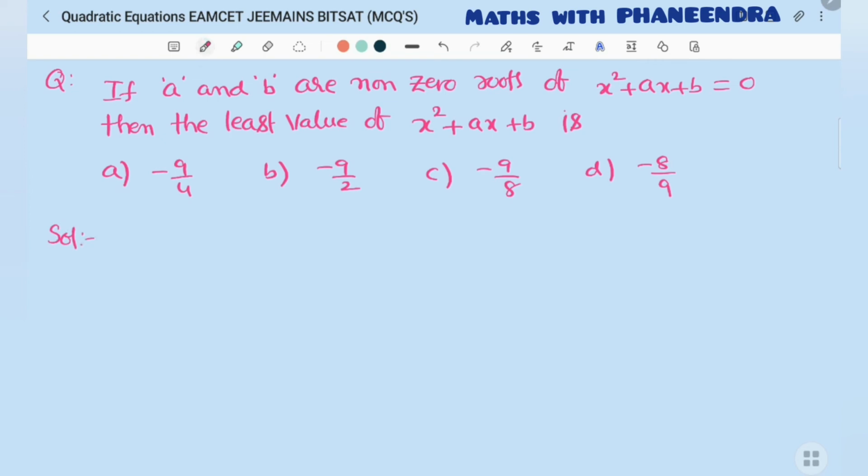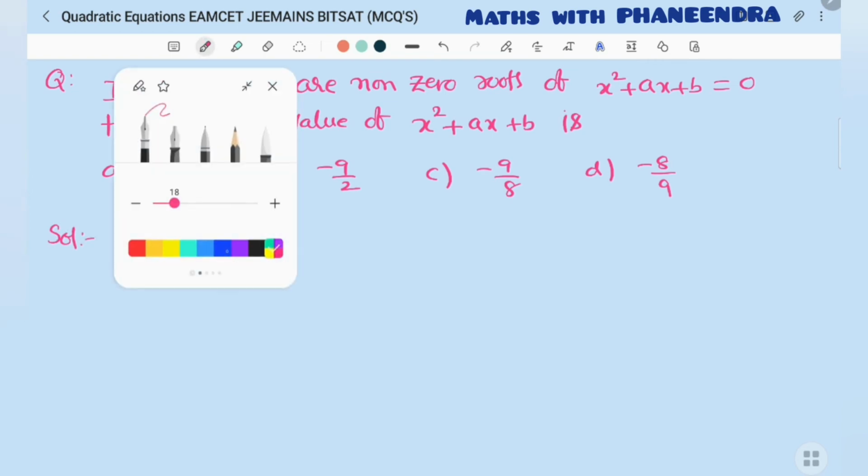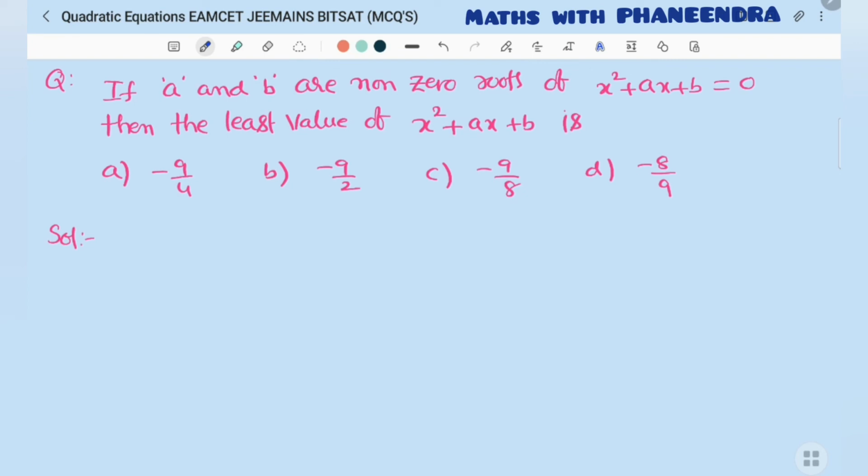So first, you observe the condition. What condition do we have? a, b are non-zero roots of this equation x square plus ax plus b is equal to 0. For this, suppose alpha, beta are the roots. Then what happens? Sum of the roots, product of the roots.